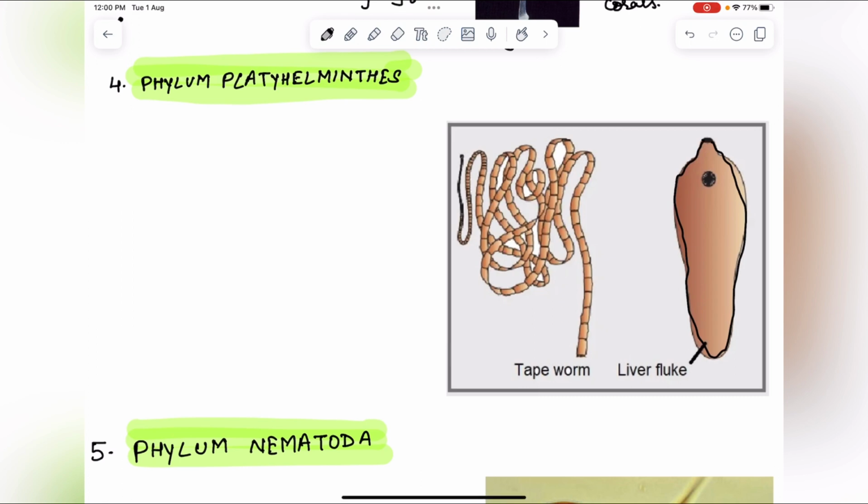But some are free living, like planaria. Planaria are free living and aquatic. They show bilateral symmetry.